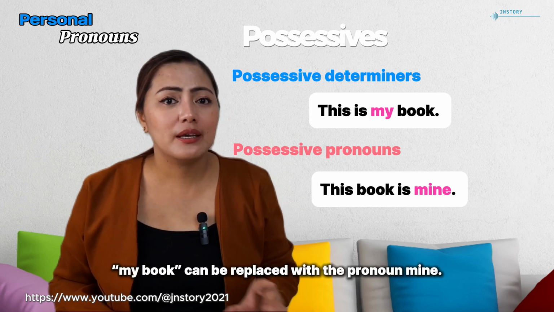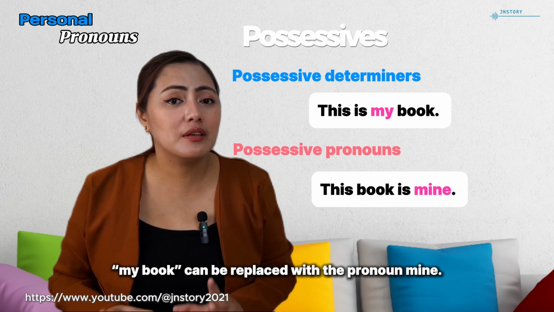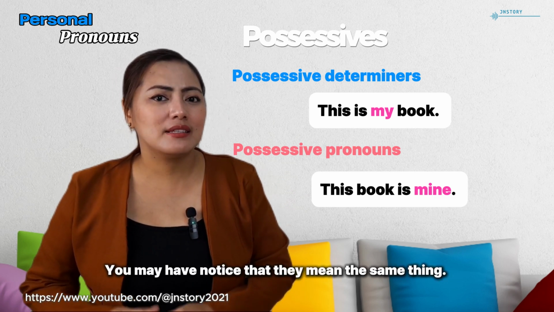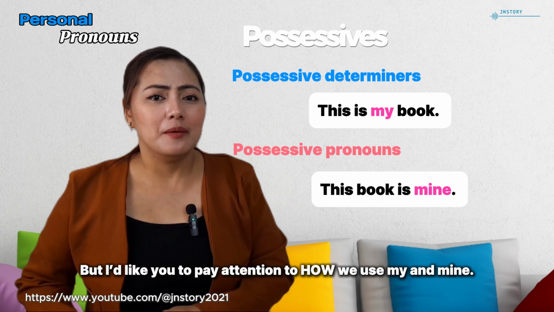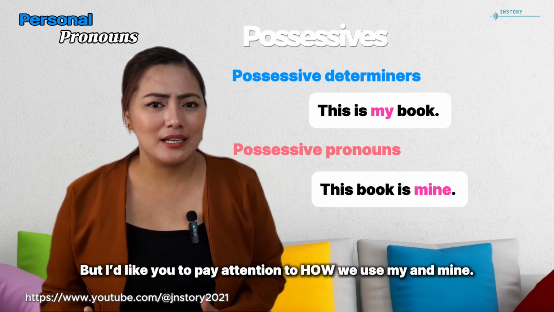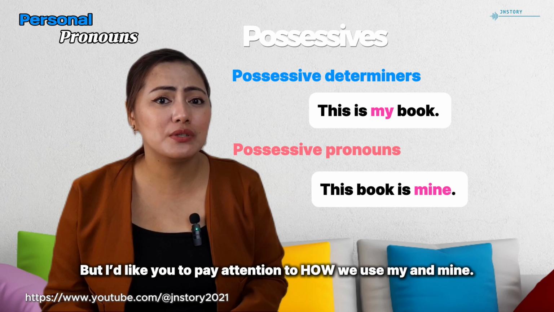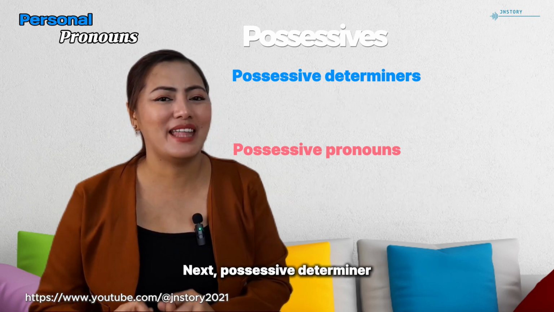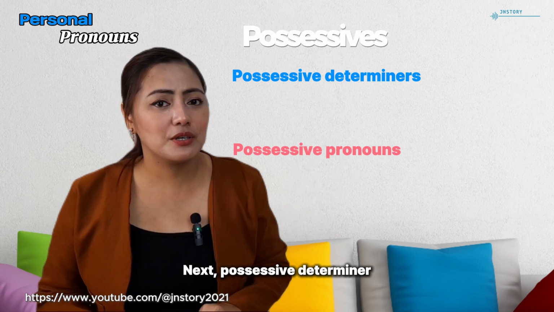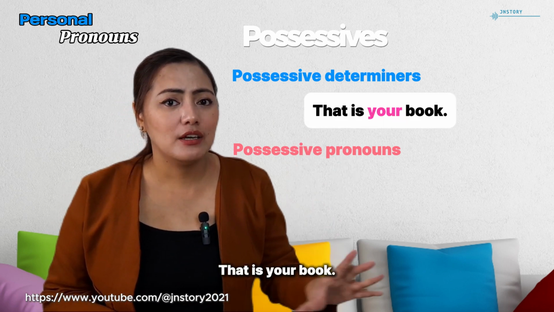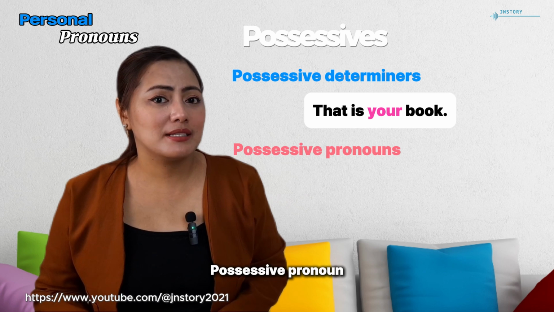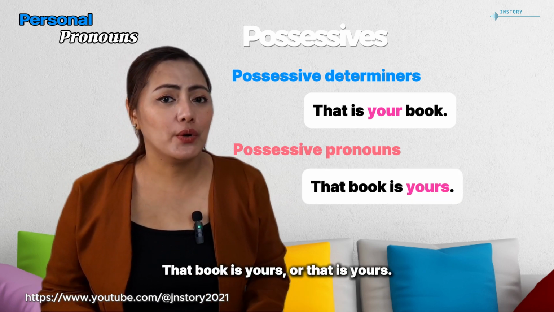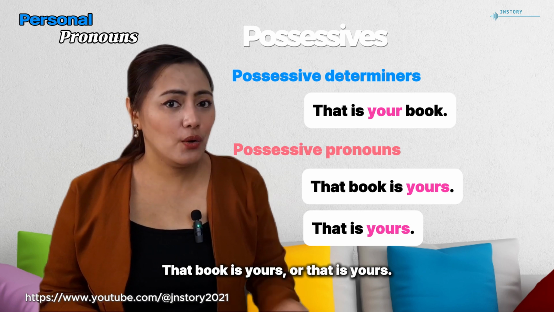"My book" can be replaced with the pronoun "mine." You may have noticed that they mean the same thing, but I'd like you to pay attention to how we use "my" and "mine." Okay? Next. Possessive determiner: "That is your book." Possessive pronoun: "That book is yours," or "That is yours."